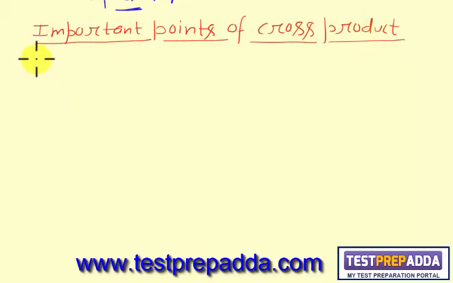First of all, as you see, the cross product is having a unit vector, and that is why the cross product is a vector quantity, and due to this we call this as vector product. So cross product is actually a vector product.